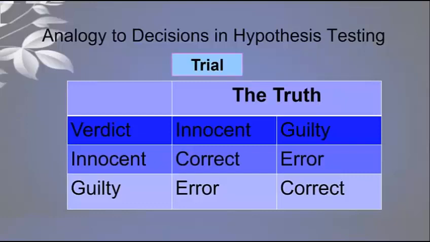But if the verdict is innocent and the truth is guilty, then an error is committed. While if the verdict is guilty and the truth is innocent, then we are committing an error. And when the truth is guilty and the verdict is guilty, then the decision is correct.